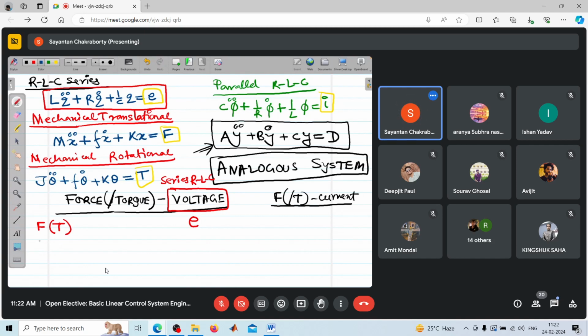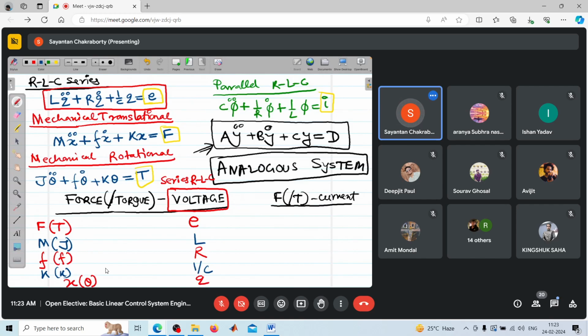Then mass or inertia will be represented by an inductor. The viscous friction coefficient, which is considered F in both cases, will be represented by R. The spring constant, which is considered K in both cases, will be represented by 1 by C. And most importantly, the displacement, that is x or theta, will be represented by q.